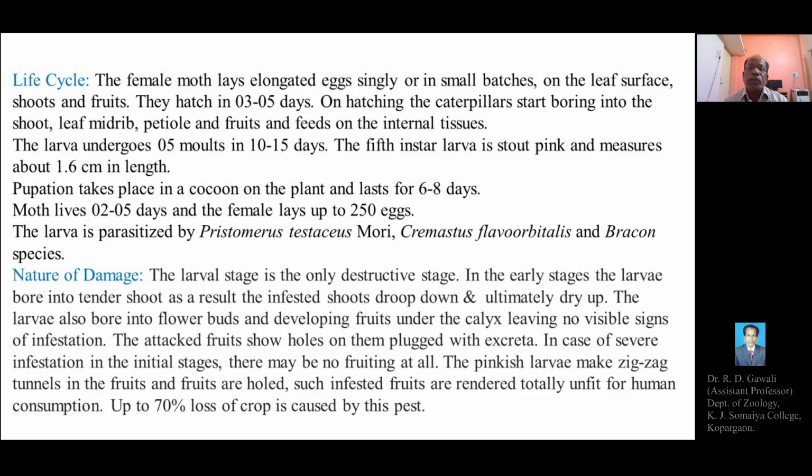The attacked fruits show holes, and these holes are again plugged with the excreta, and in case of severe infestation in the initial stages there may be no fruiting at all on the brinjal plant. The pinkish larvae make zigzag tunnels or burrows in the fruits, and fruits are holed.